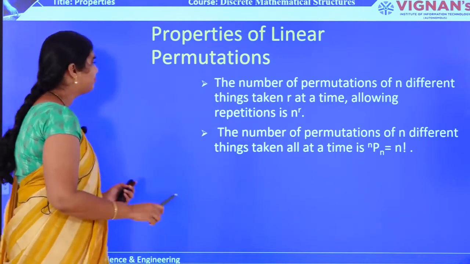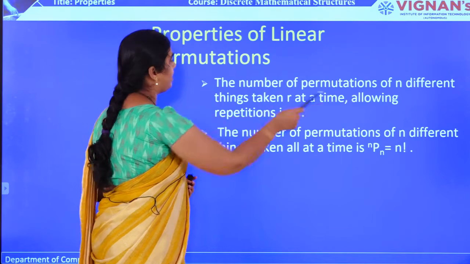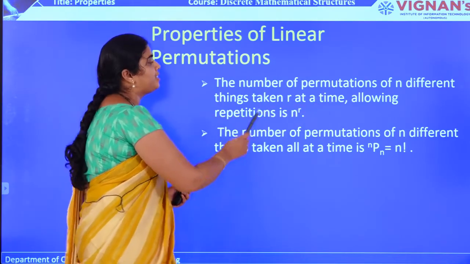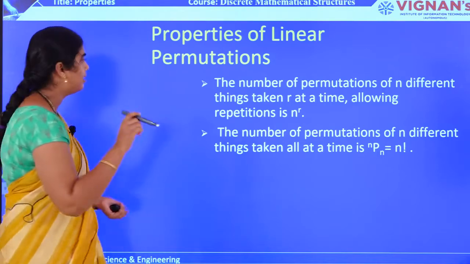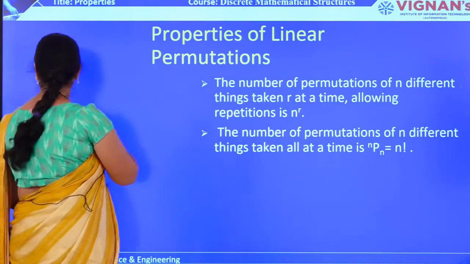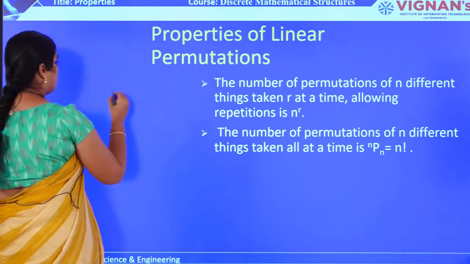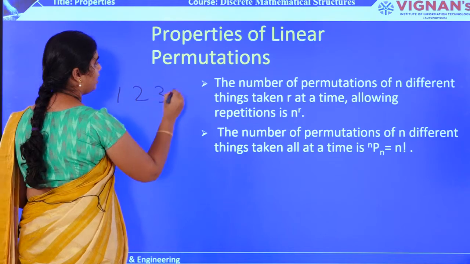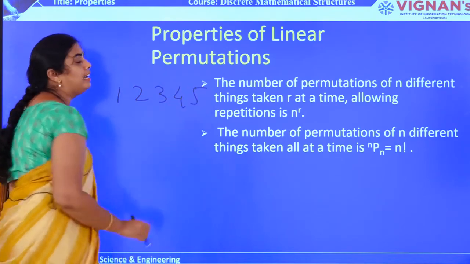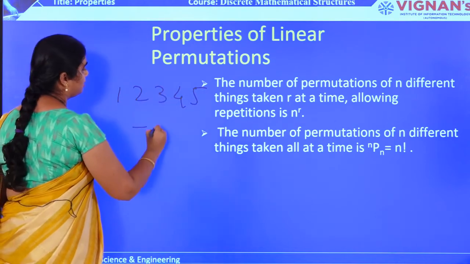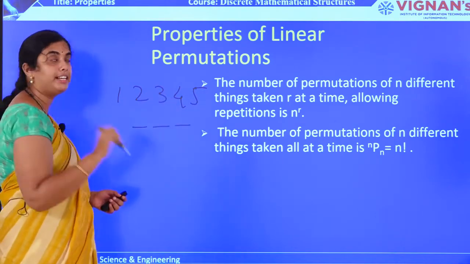Firstly, let us see the properties of linear permutation. The first property is that the number of permutations of n different things taken r at a time allowing repetitions is n power r. Suppose I am given 5 numbers 1, 2, 3, 4, 5 and I am asked to prepare a password through these numbers which consists of 3 digits.